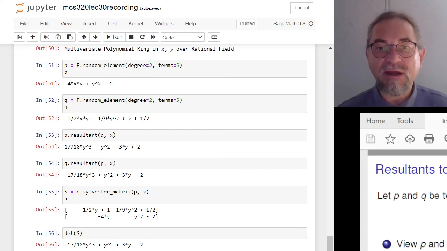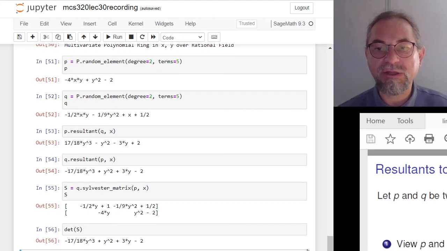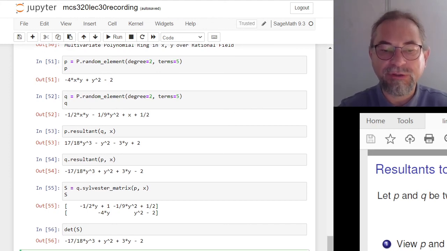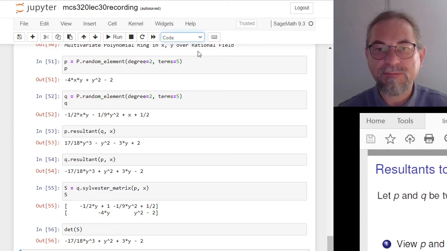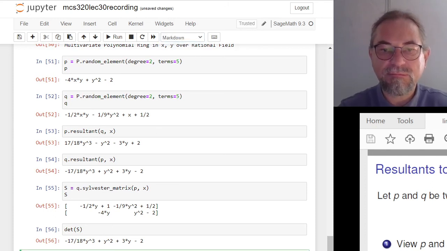Observe that I have reduced with essentially one computation, so jointly with P, the determinant of S, the determinant of the Sylvester matrix, defines a triangular form for the system defined by P and Q.